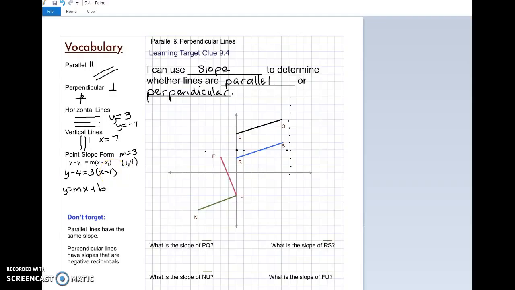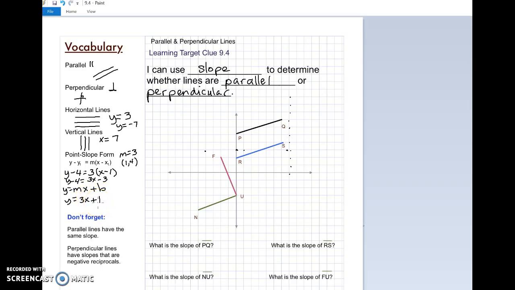Then I can do a little work by simplifying, and get it into slope-intercept form. Let me show you what I mean. 3 times x minus 1 becomes 3x minus 3, so y minus 4 equals 3x minus 3. I'm going to add 4 to both sides so that I get y by itself, and I end up with y equals 3x plus 1.